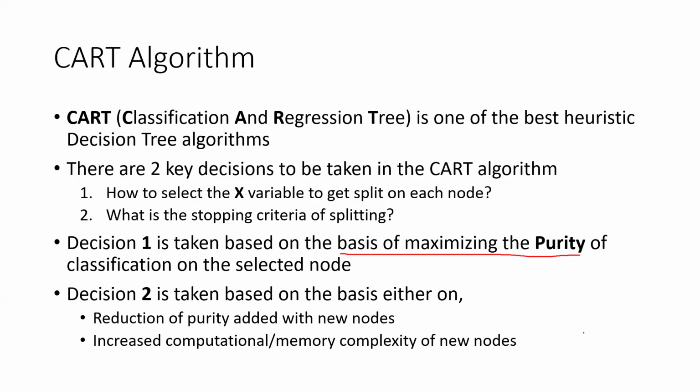So you have a decision tree like this. Something like this, right? So what is the variable that you should add to this particular node, right? So you have a set of x variables remaining, right?